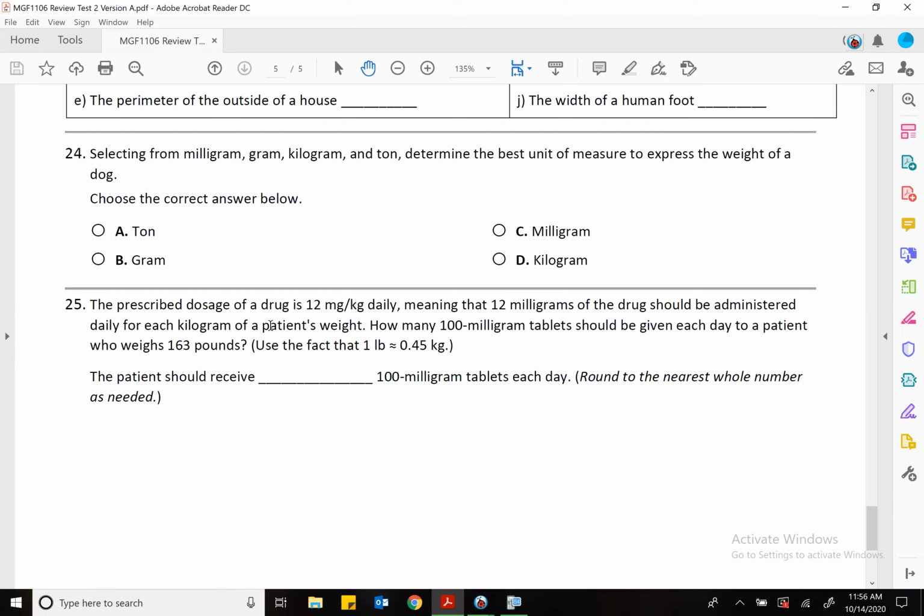808.2. Okay. So you took the 73.35 kilograms, and what you're really doing is converting that to milligrams, because we have this conversion right here that says 12 milligrams per kilogram. That right there is a conversion in disguise for us.